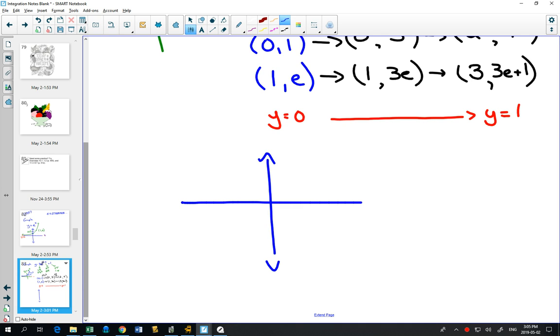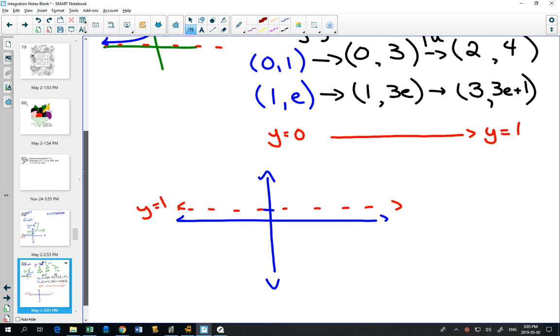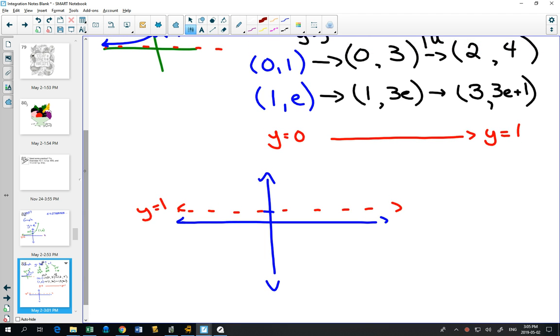When going to graph it, start with your asymptote, y equals 1. Then label your points. I would probably suggest starting with 2, 4, just because you might have a better sense of where that is. 2, 4. And then we need to label 3, 3e plus 1. Wow, where would that be?